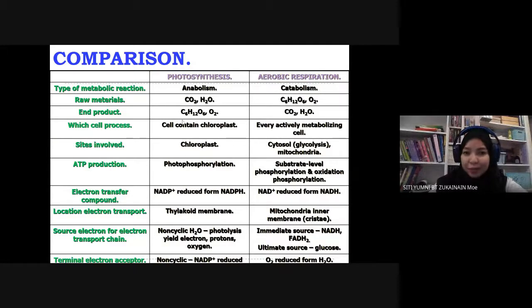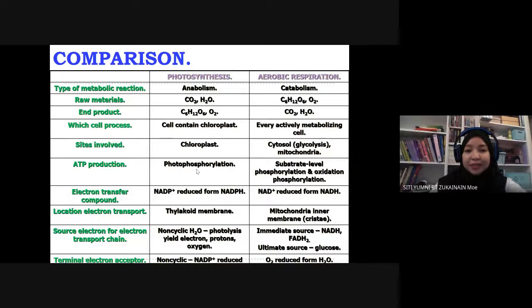So which cells carry out photosynthesis? Cells that contain chloroplasts, while for aerobic respiration, every actively metabolizing cell will respire. The site involved in photosynthesis is the chloroplast, while aerobic respiration needs mitochondria and cytosol for glycolysis.